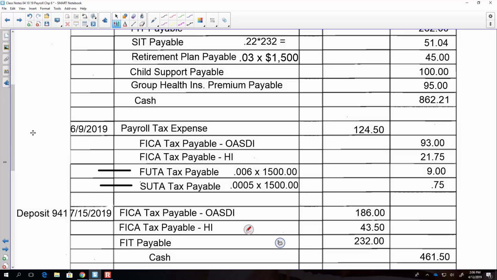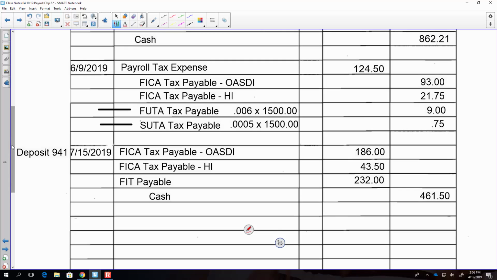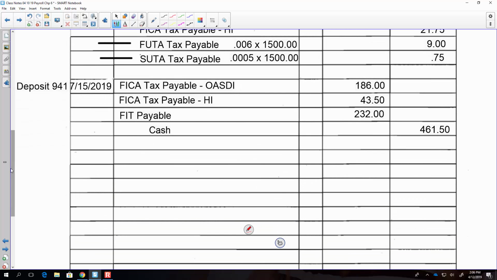So here again is another example of my credits and debits, my second entry for the payroll taxes, and then my third entry here is my 941 deposit that pays in what 3 taxes? Social Security, Medicare, and FIT, federal withholding payable.